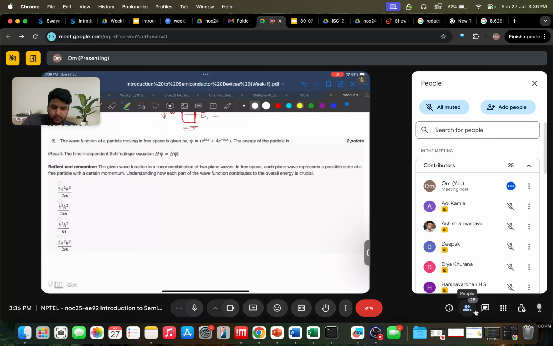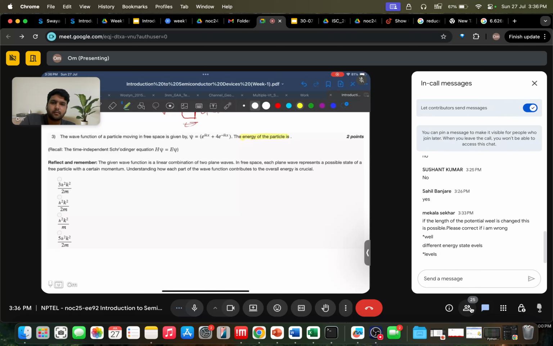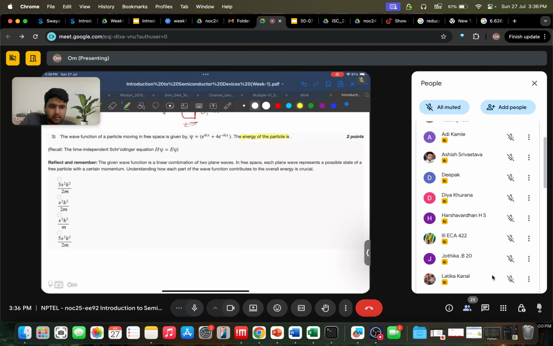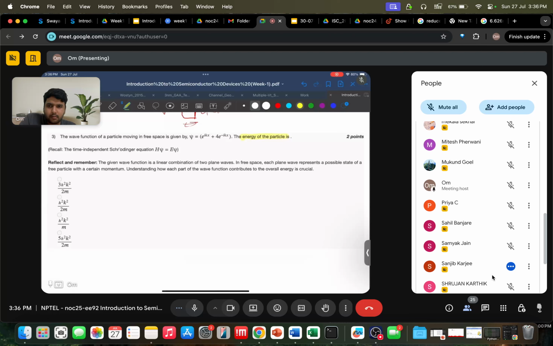Okay, the wave function of a particle moving in free space is given by this. The energy of the particle is? Option C, did you say? Option C, sir, A square k square by 2m. Okay, option B. Are there any other answers?